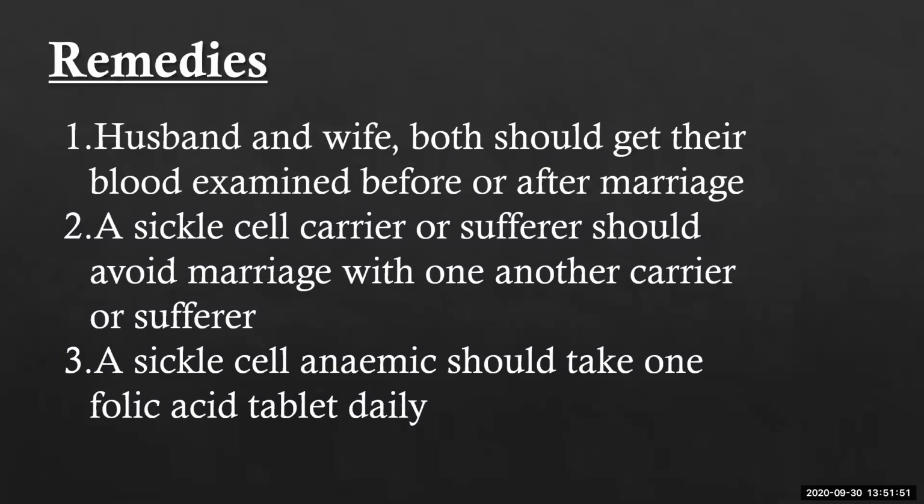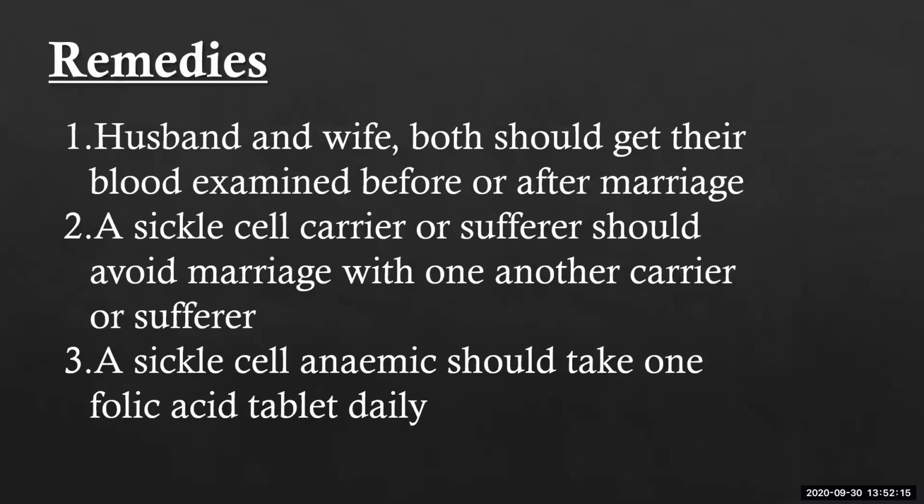So how can we avoid the transfer of sickle cell anemia? These are the remedies for it: this disease is spread in only one way, that is reproduction. This disease is transferred by what? Reproduction only. So husband and wife should get their blood examined either before marriage or after marriage.